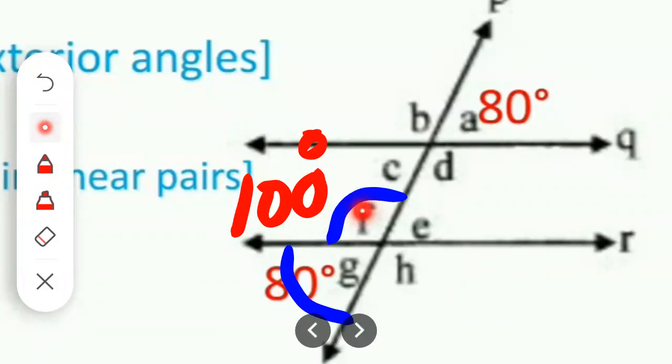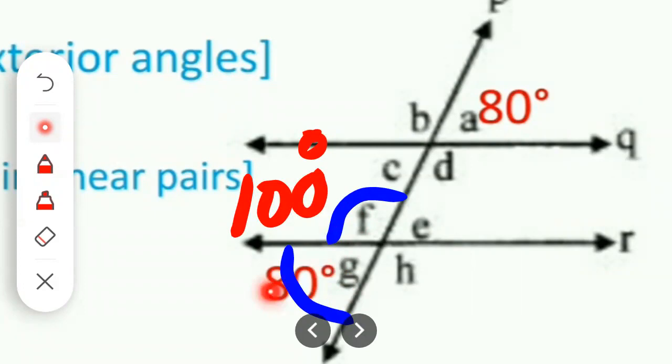Now find the value of G here. If F is 100, F and G are angles in a linear pair. So if that is 100, that will be 80. Together it gives 180.